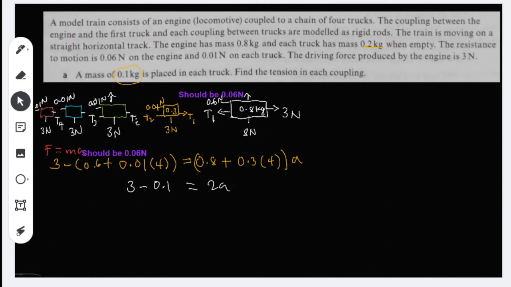Okay, so this will be correct. So that will be 3 minus 0.1 is equal to 2a. So therefore, our a will be equal to 1.45 meters per second squared.